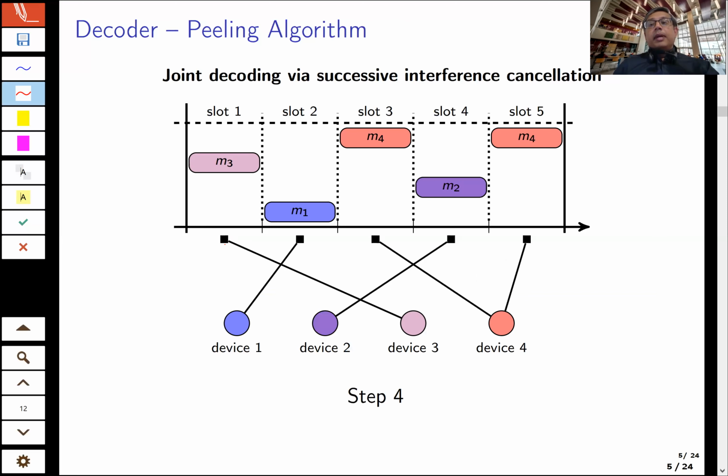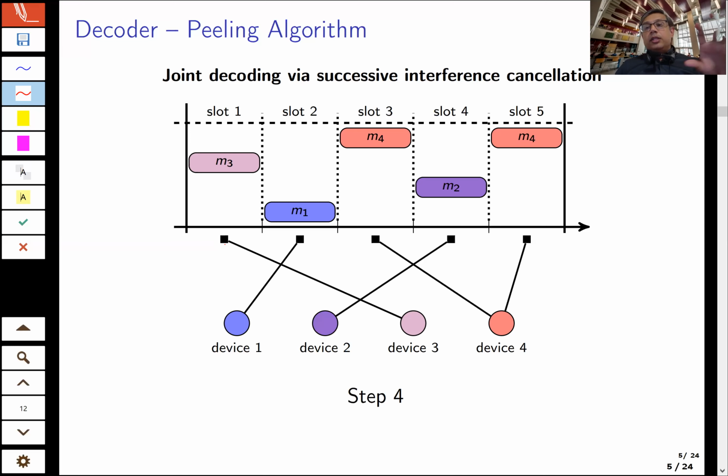So this is the basic idea of coded slotted ALOHA. It's a very elegant scheme which thinks about the problem as coding on graphs, and that permits us to use analysis techniques that we commonly know to analyze LDPC codes to analyze the multiple access problem as well.